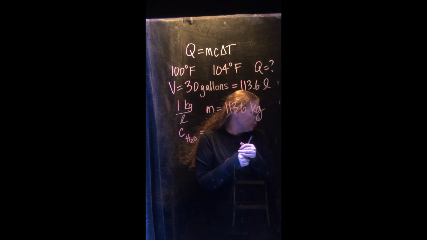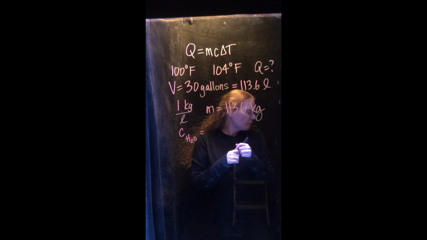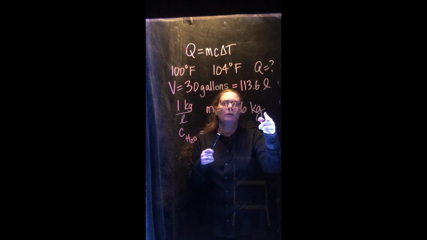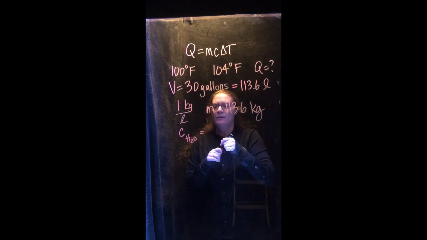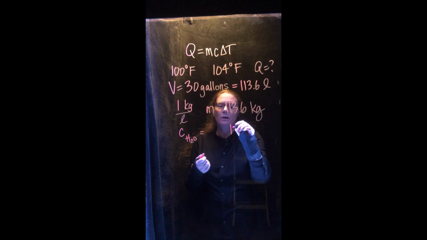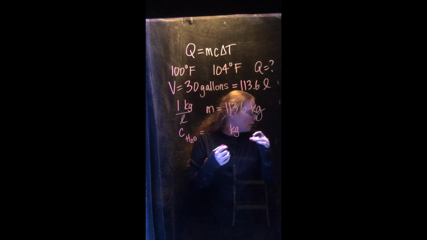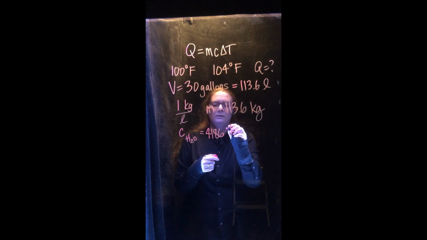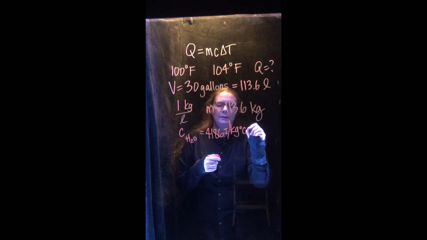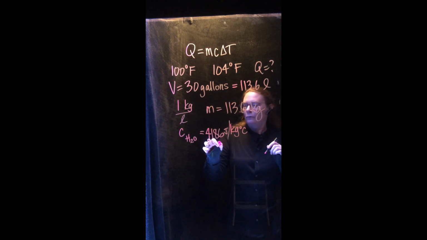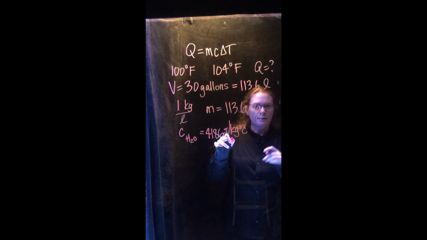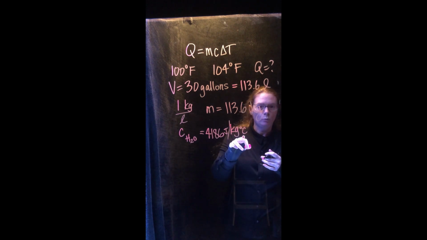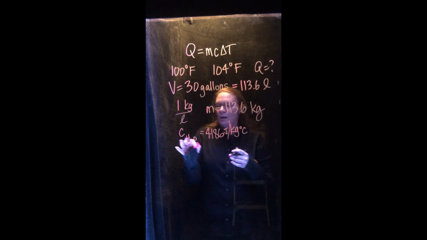What we're going to use for this one, well, I have kilograms, and I'm going to need degrees C. So I want something involving kilograms and degrees C. The number that I'm going to use is 4,186 joules per kilogram degree C.